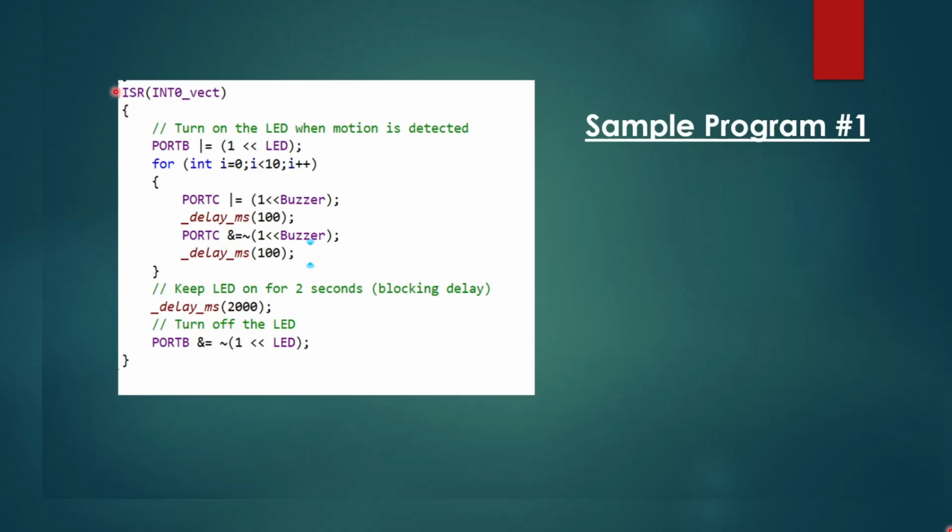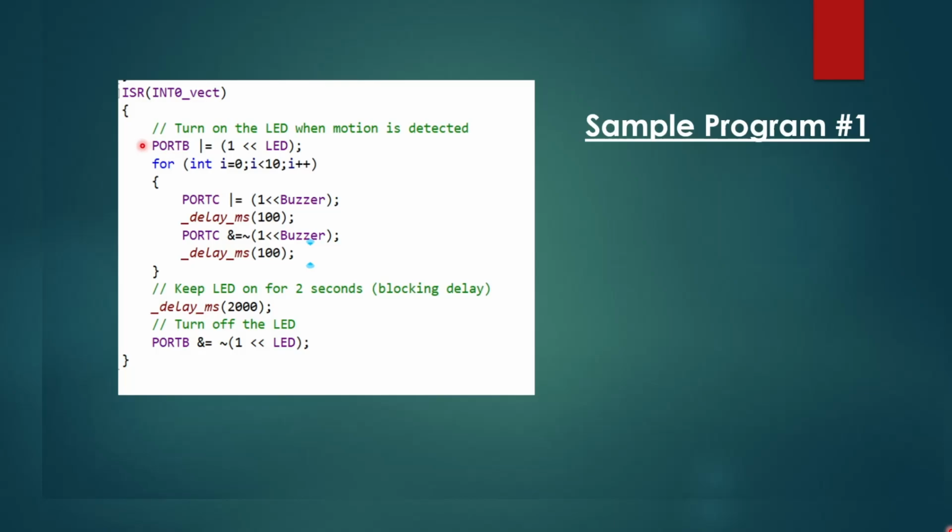This routine is going to be triggered every time there is an input to the microcontroller, the input that would be captured by the input capturing capability. So if we are in this interrupt service routine, we know that motion has been detected.